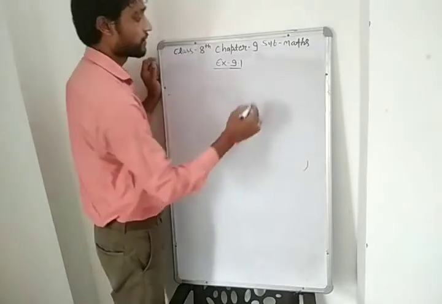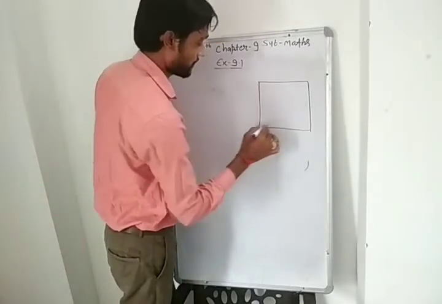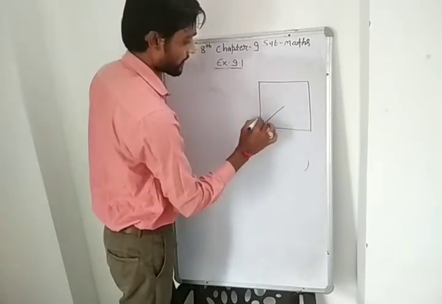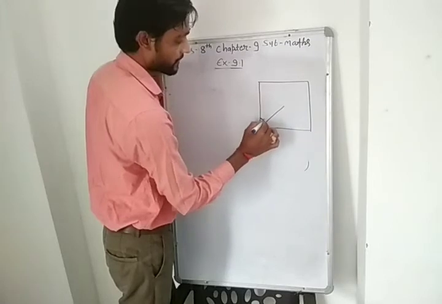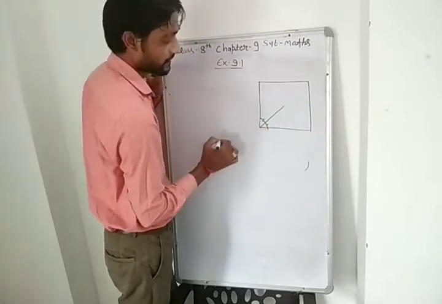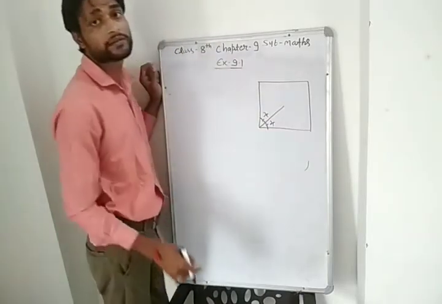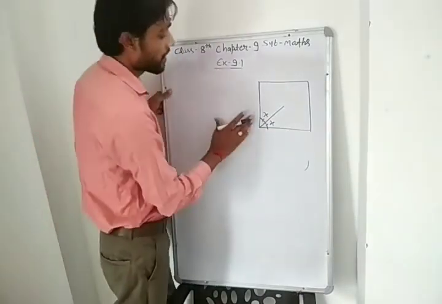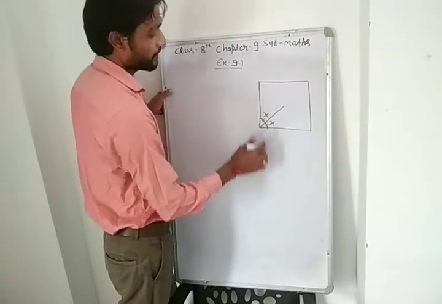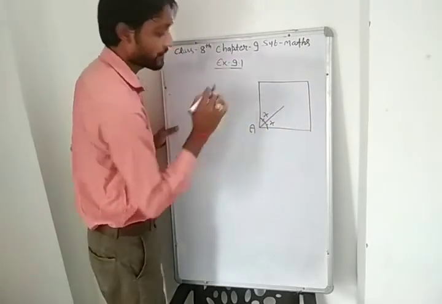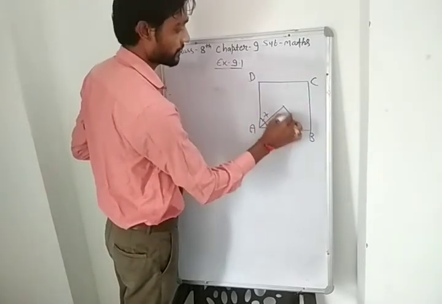Okay, so if we take an example, suppose this is an angle bisector, and angle bisector means this angle and this angle are equal, x, and that one is also x. Clear? After that, this is A, B, C and D, suppose.